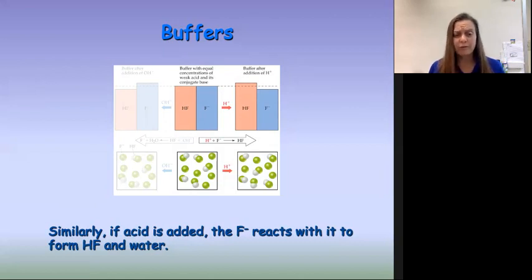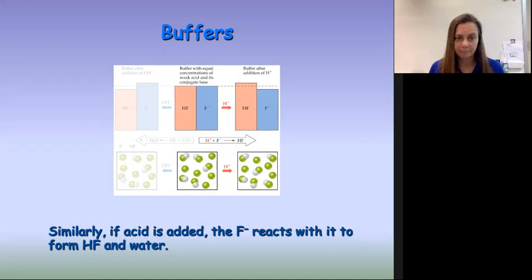The goal of a buffer is to minimize the effect of adding an acid or a base. In order to do that, we have to have a weak acid and its conjugate base, or a weak base and its conjugate acid. They both have to be present. The best buffers are what we call equimolar, so you have equal amounts of the weak acid and its conjugate base, but even if they're not equimolar, it will still work.